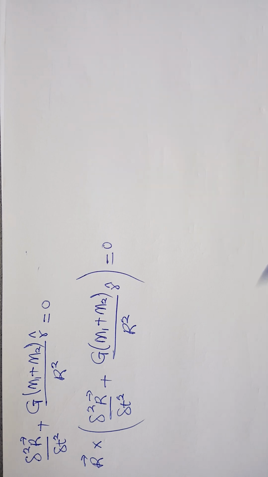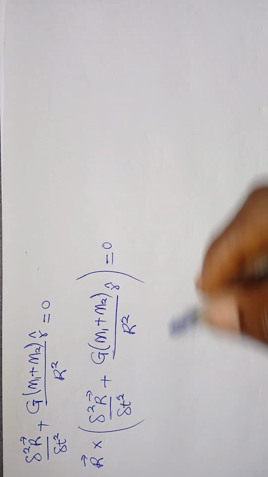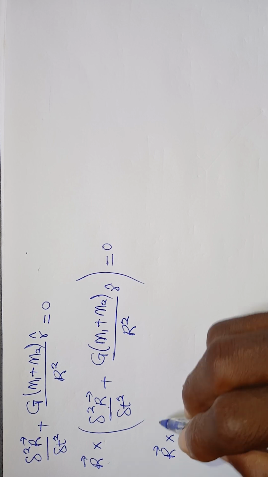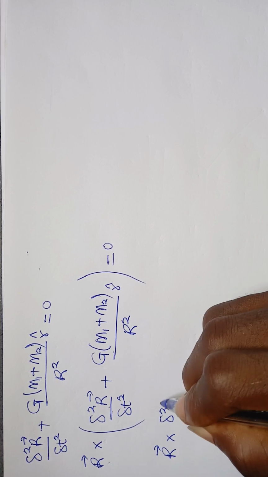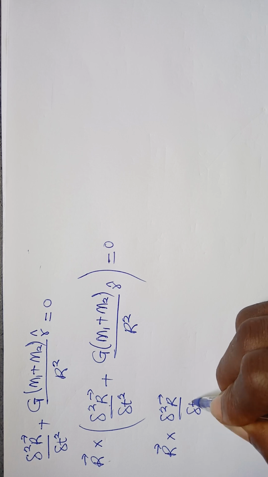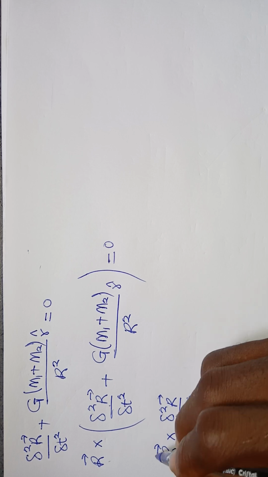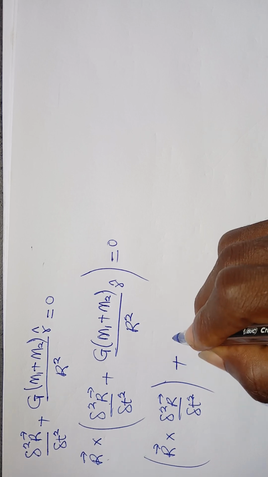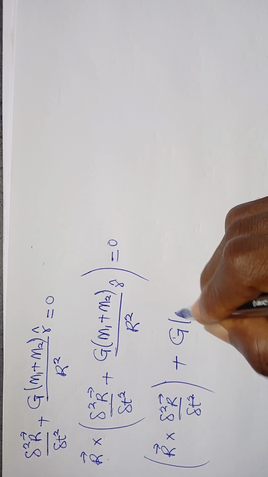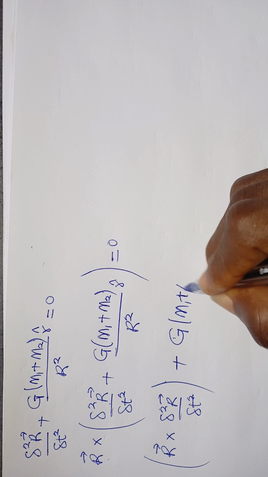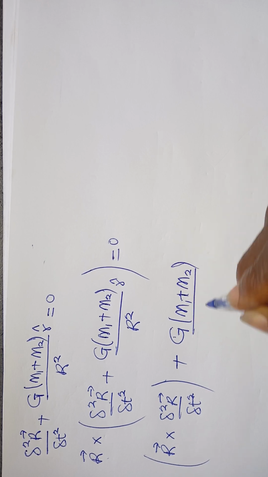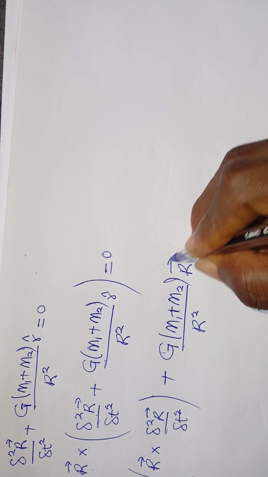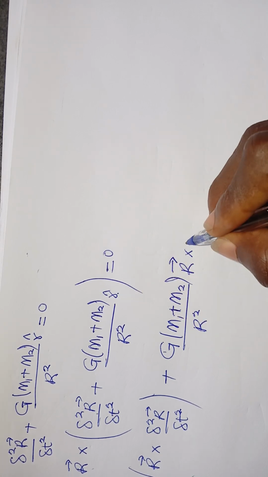orbit. Now r cross the whole of this quantity is going to be r cross d squared r, dt squared, that's the first of the quantities, plus G (m1 plus m2) divided by r squared, then the vector r cross the unit vector r roof.